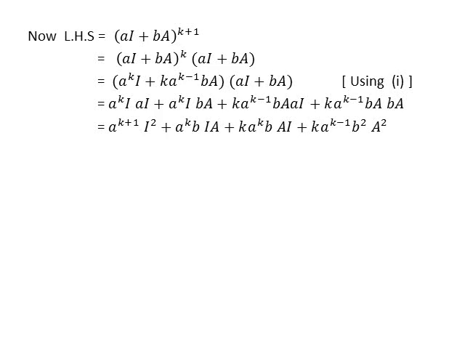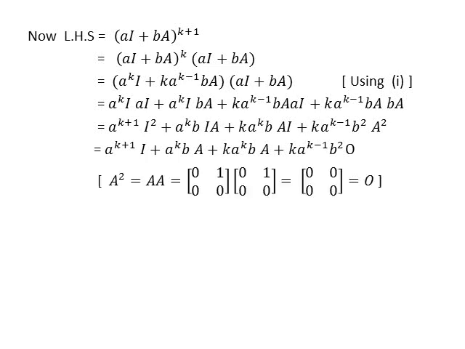As we know, multiplication of identity matrix with itself is equal to identity matrix I itself. Multiplication of I and A equals A, and multiplication of A and I is also equal to A.